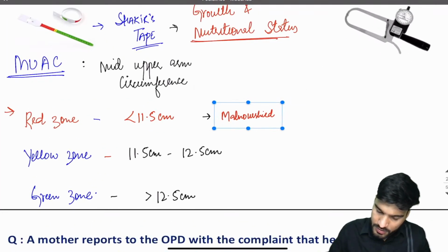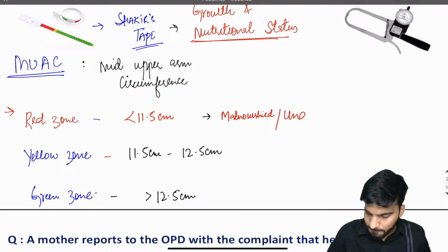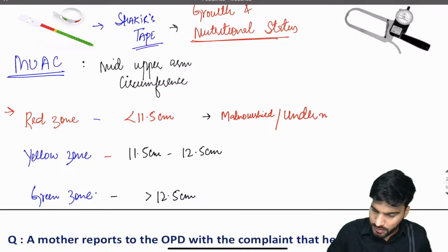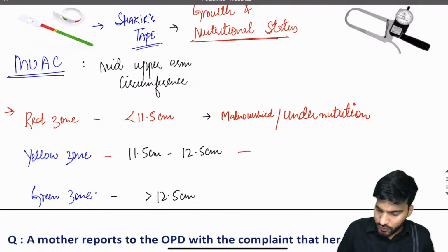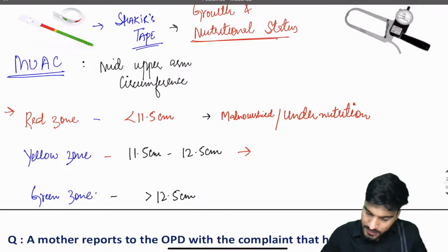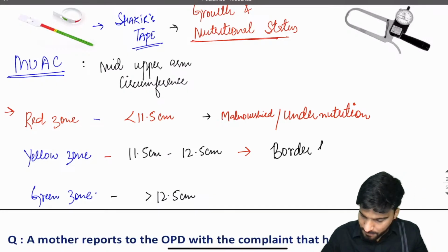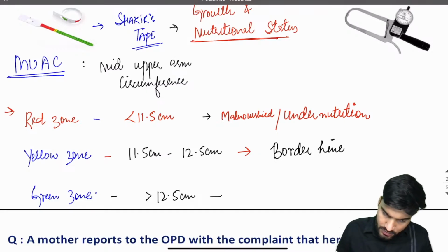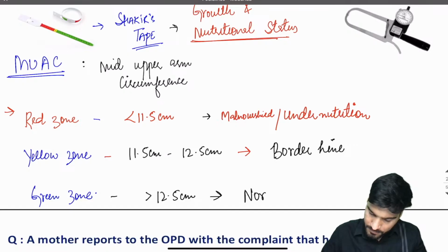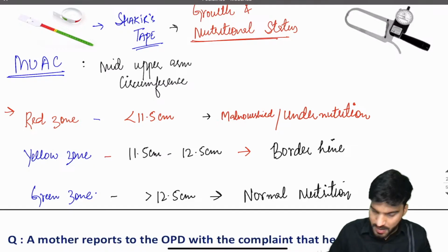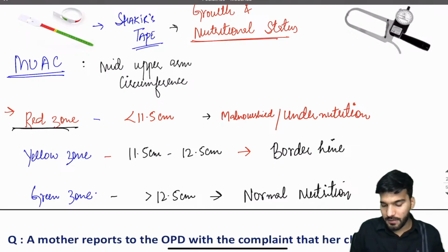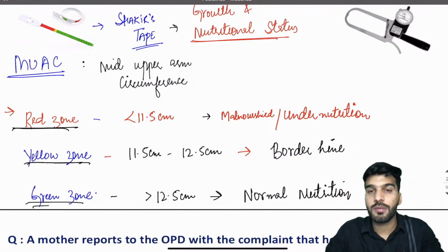Yellow zone is borderline nutritional status, and green zone is normal nutrition. Is that clear? So that is mid upper arm circumference with the Shakir's tape. Malnourished, borderline, and normal nutrition.